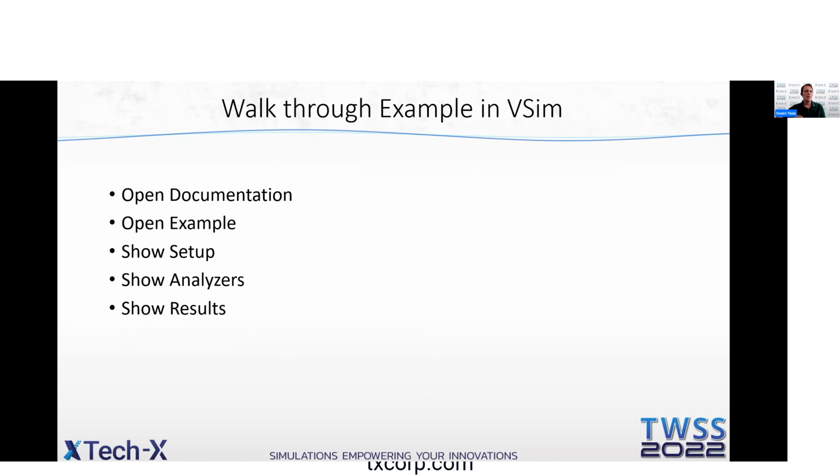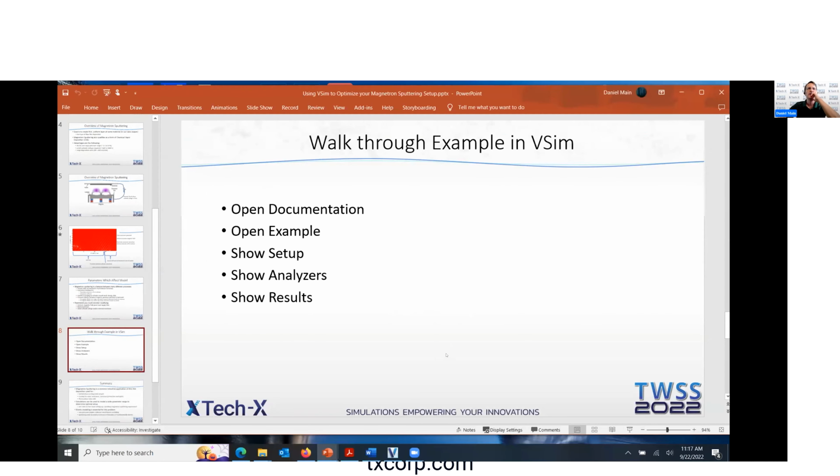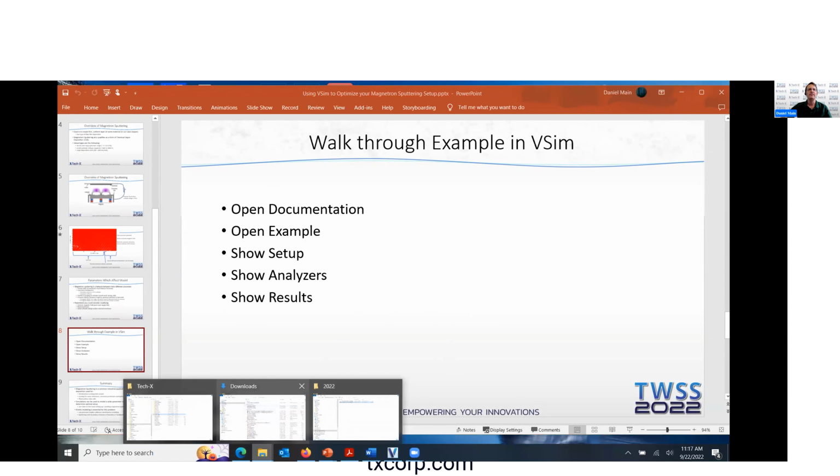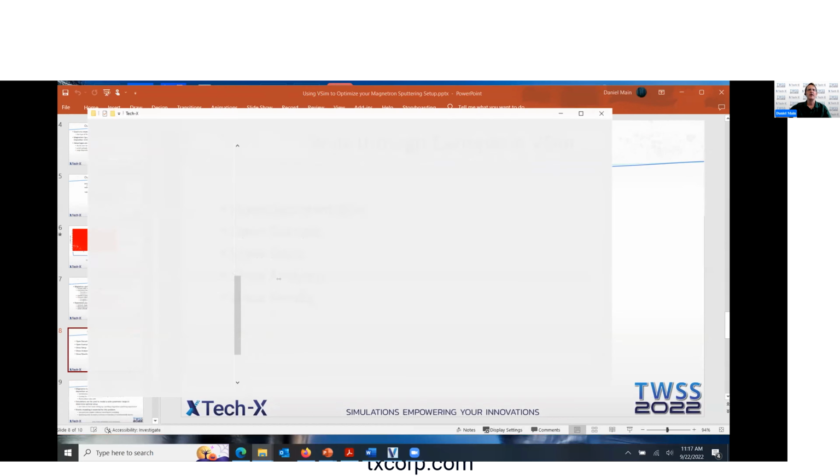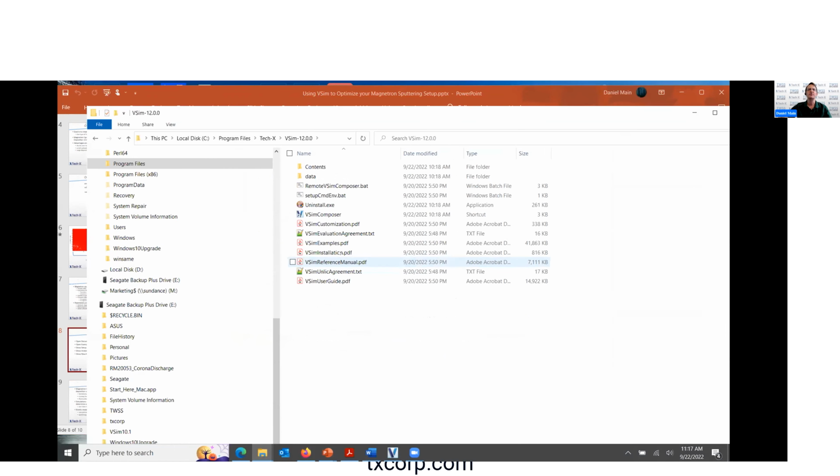Okay, so at this point, what I want to do is show you how to open the example. So I'll go through that, and then I'll walk through this example in some detail, showing you the different parts of this problem. So in VSim 12, you'll install the software, and then you'll navigate to wherever you installed it.